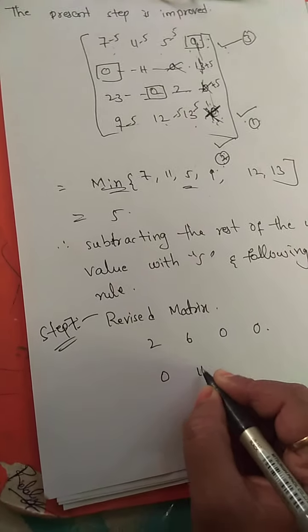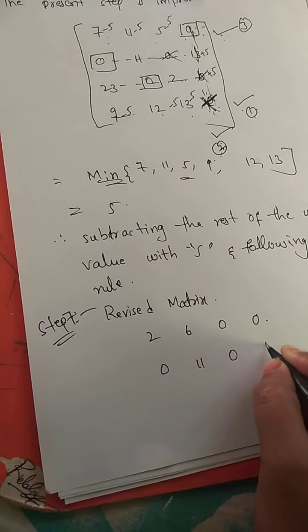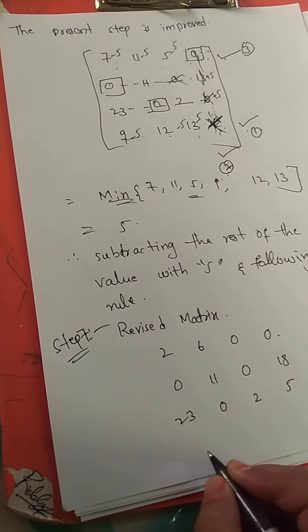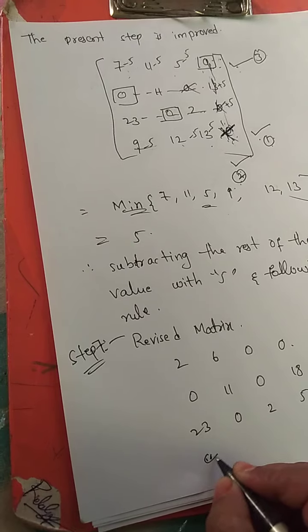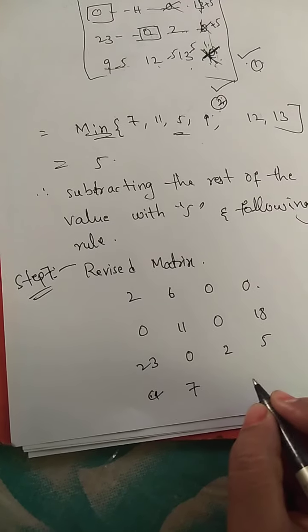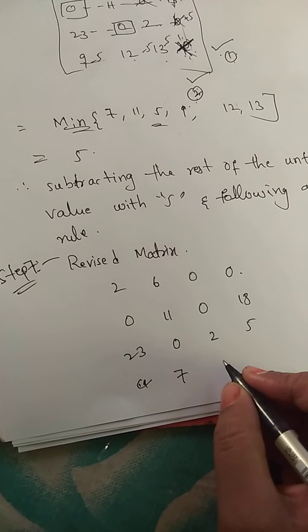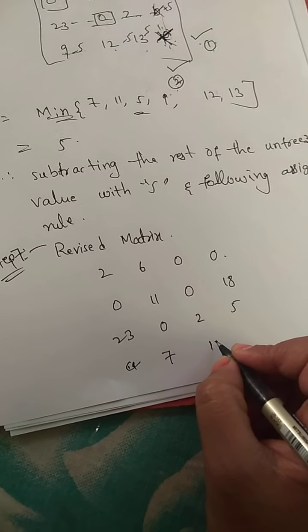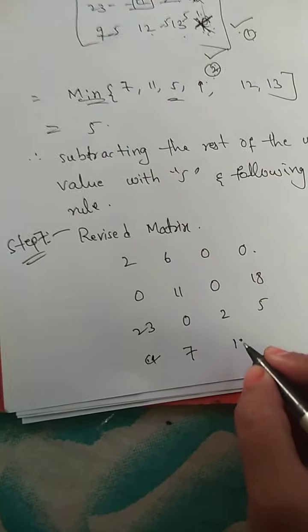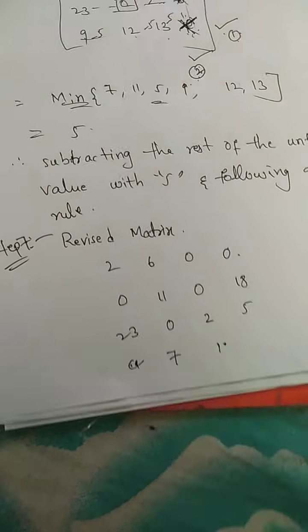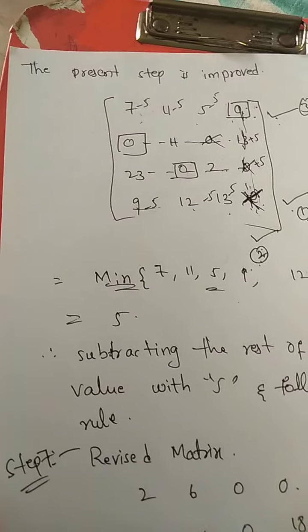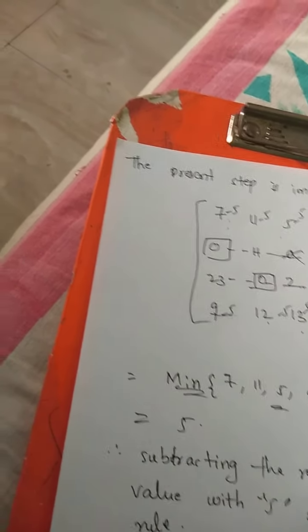Next 0, 11, 0, 18. Next 23, 0, 2, 5. Then 4, 7, and 13 minus 5 is 8. Next 0. Okay, it will be like this.